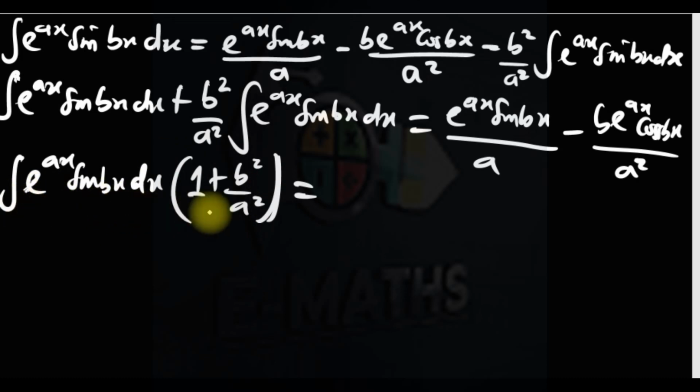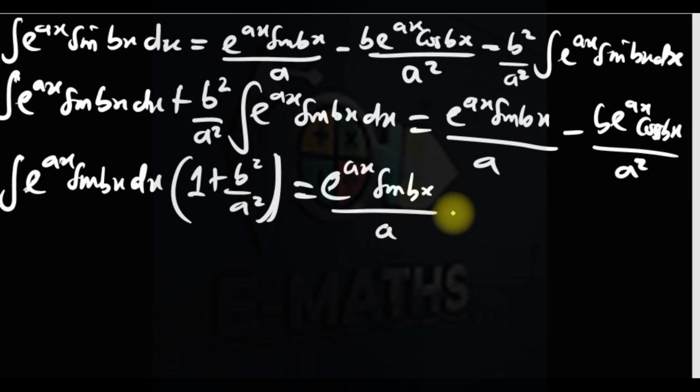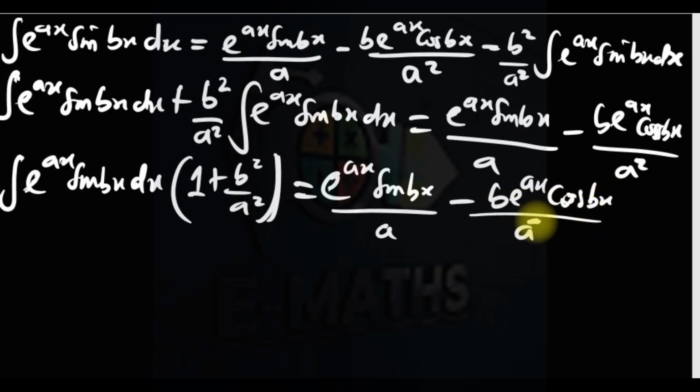So if you open up this times this, I have this times that, I have that, is equal to e raised to power ax sine bx over a minus b e^(ax) cos bx over a squared over a squared.